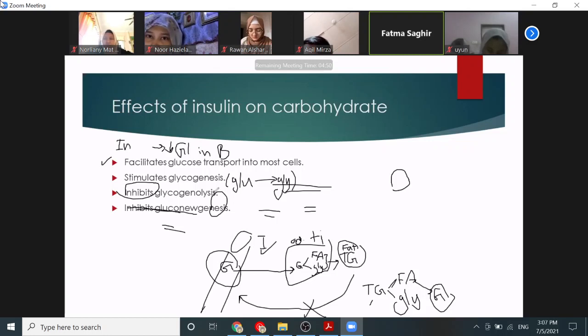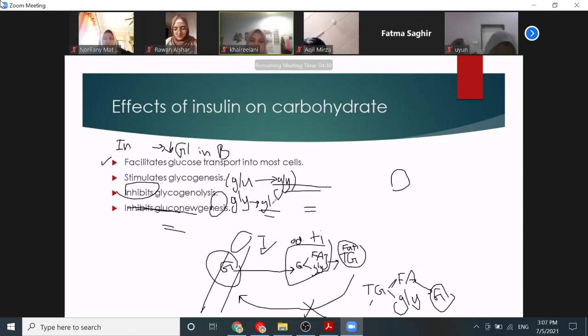Number 3, we have to inhibit glycogenolysis, meaning we inhibit conversion of glycogen into glucose. All of this is biochemistry. Inhibiting conversion of glycogen into glucose means we don't increase blood glucose.